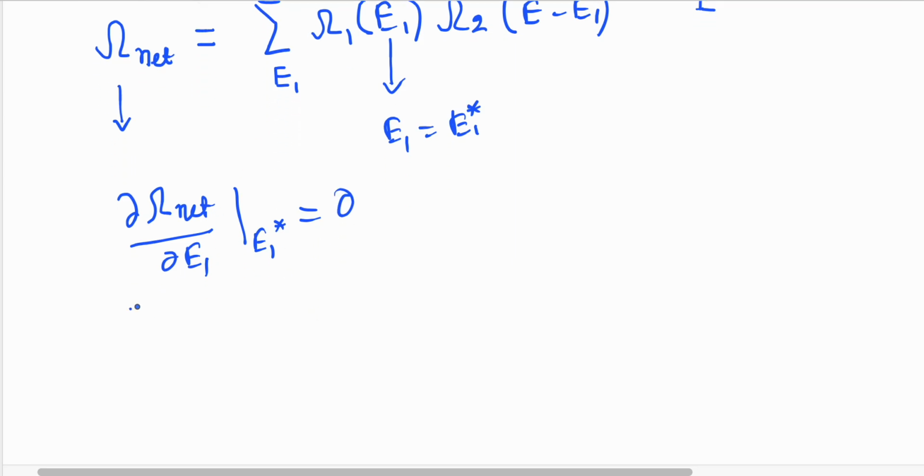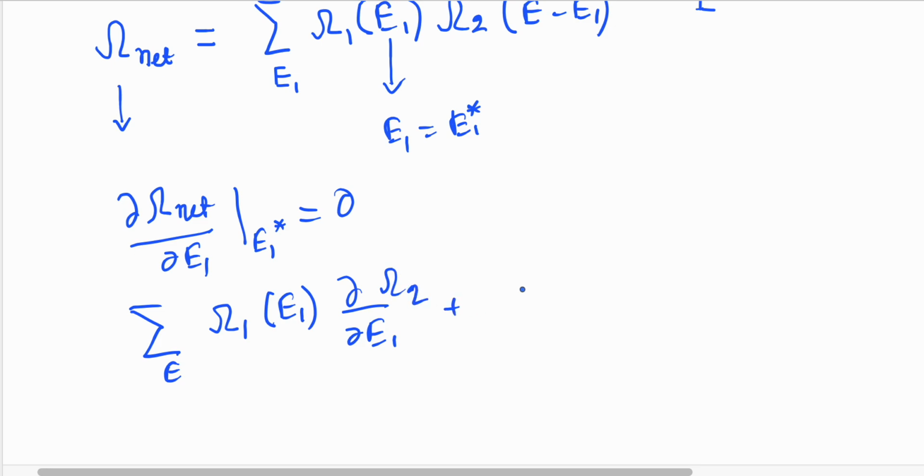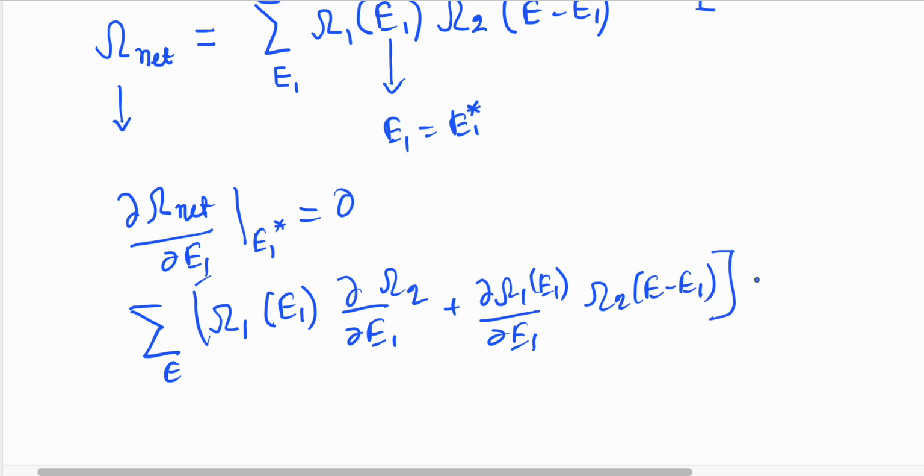So calculate it: del omega 1 del E1 times omega 2 plus omega 1 of E1 times del omega 2 del E1 with omega 2 of E minus E1. So this will be 0.